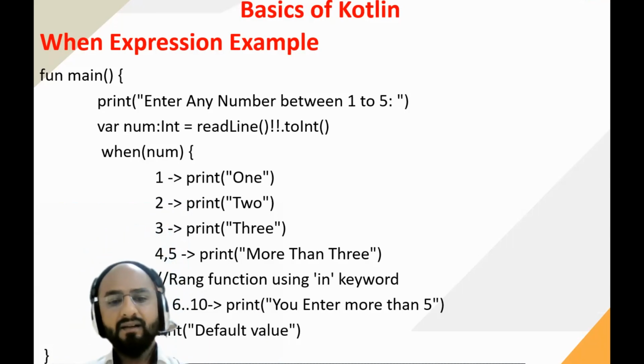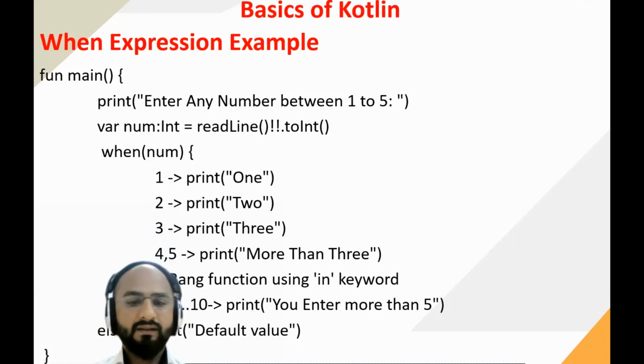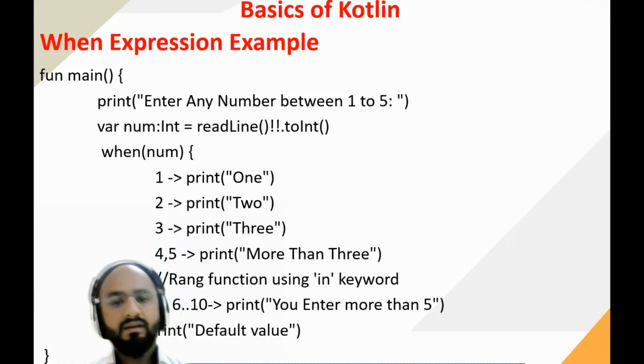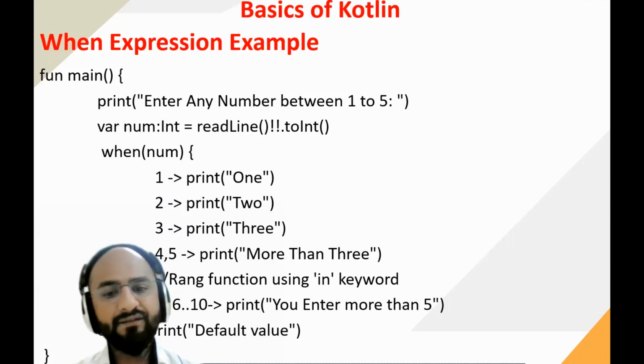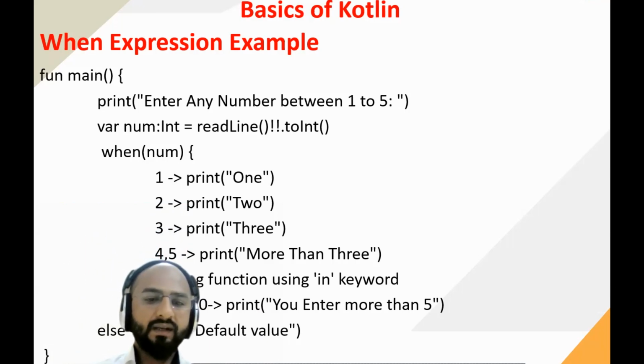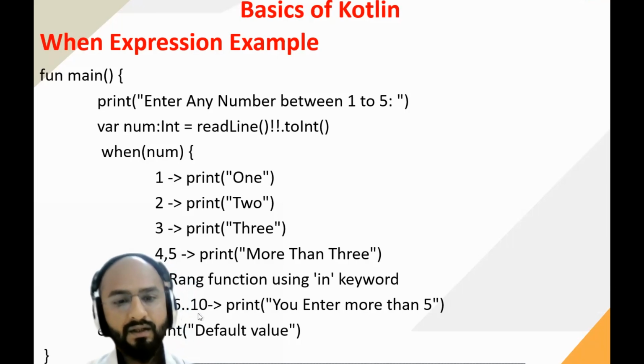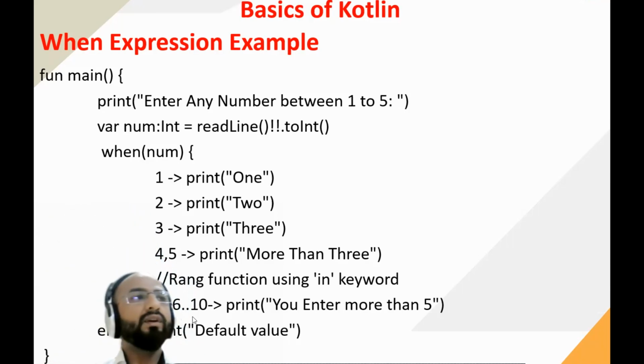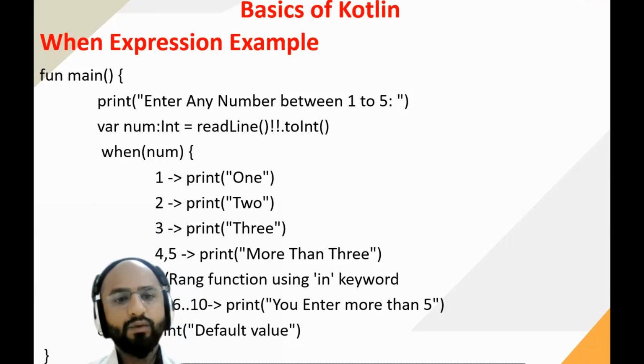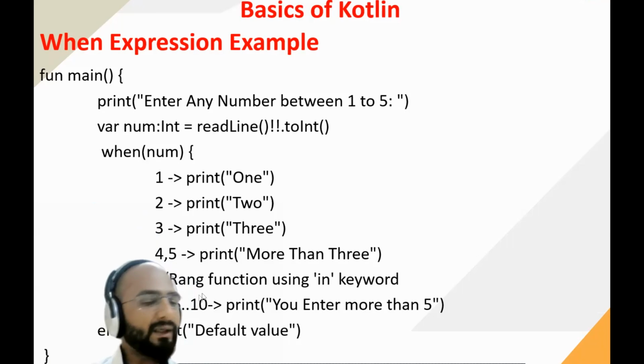It is another different and very important thing to understand, the range function. So you can provide a range also, using the in keyword. You can see over here, I have provided in 6..10. If you need to check a range on the variable using the when statement, you can do it like that also. In 6..10, what does it mean?